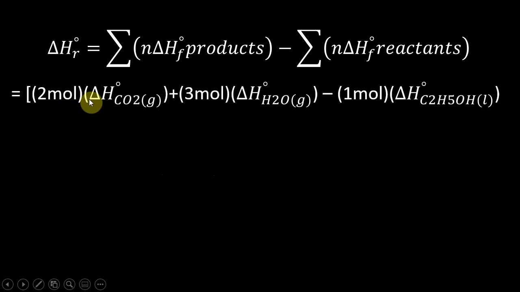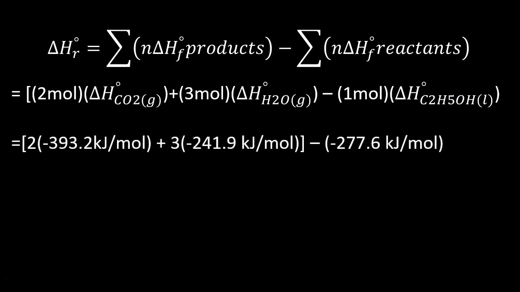2 moles of carbon dioxide times the heat of formation of the carbon dioxide, plus 3 moles times the heat of formation of the water. Sorry, my subscripts don't do subscripts. And then subtract the heat of formation of the ethanol. Okay, so these values we can all get from that table on page 318.